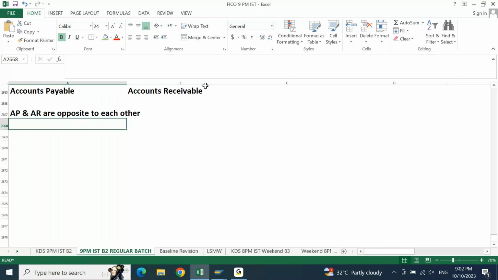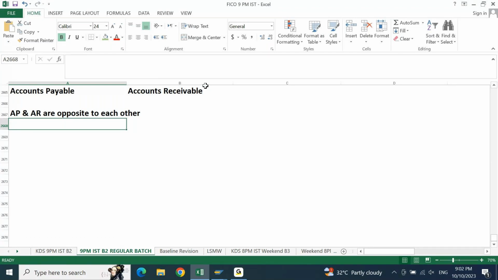The transaction is between you and me, the same thing. The same product you sold me, I purchased. For me, you are a supplier; for you, I am a customer. The transaction is the same, but the way I treat it is different from the way you treat it. So it's like a mirror; you have to see the reflection of it.